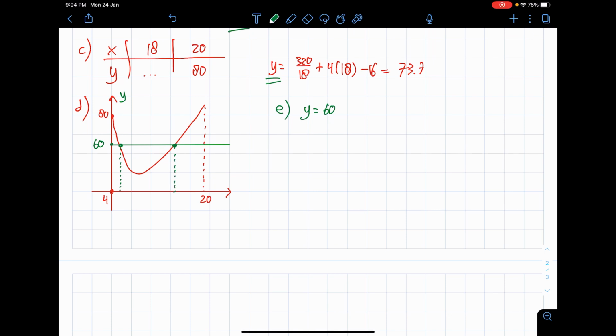You'll roughly get around 6.4 and also 12.6. So this means that to get the area of 60, you need either x to be 6.4 or x to be 12.6. That's what the question wants to see.